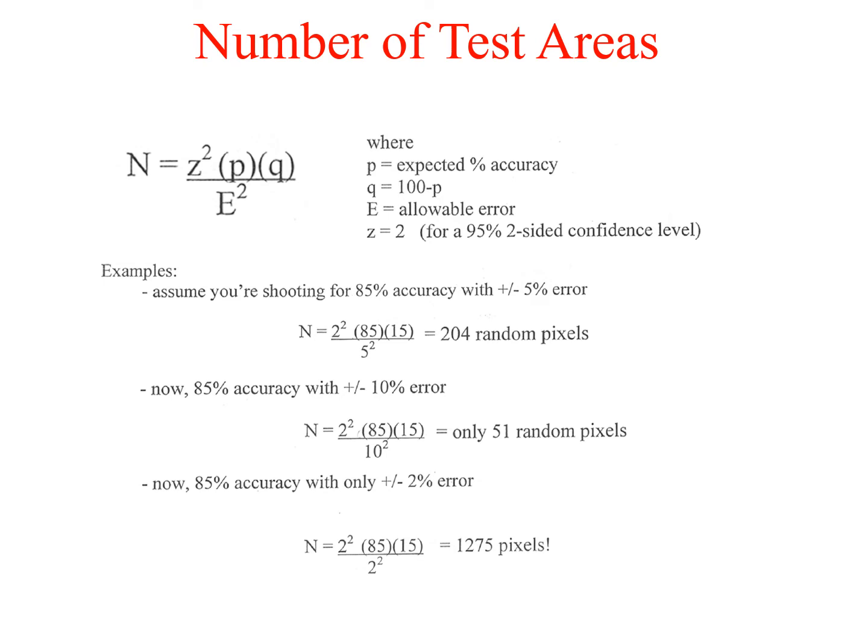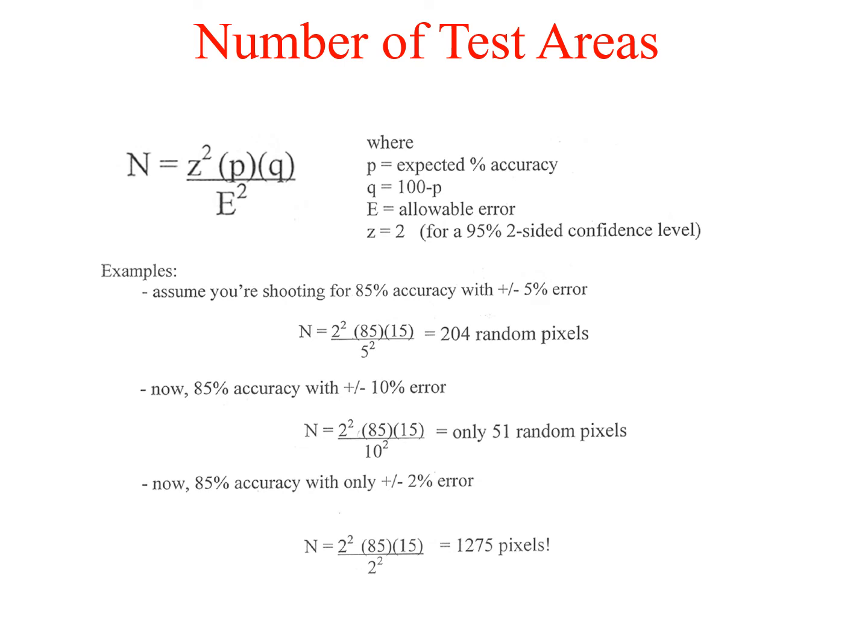So we're going to use a two-sided confidence level of 95% error, times the expected accuracy times 100 minus the expected accuracy, divided by e squared, the allowable error. So if that error is 5%, then that value is 25.